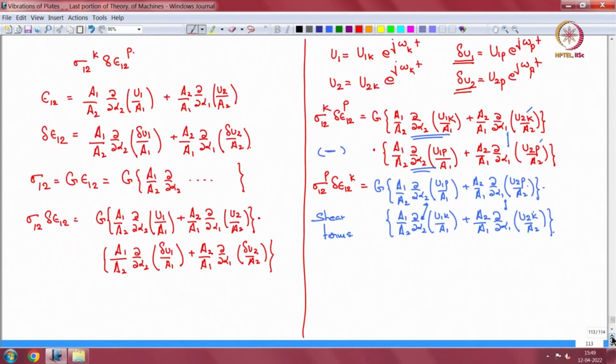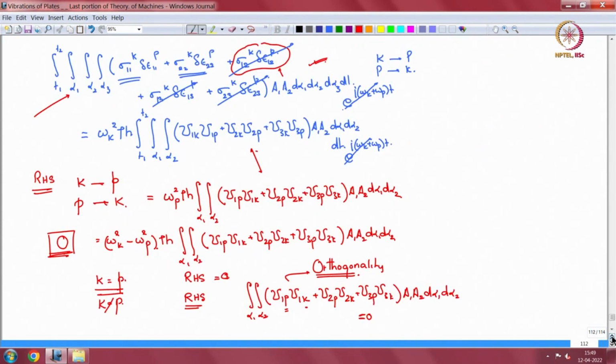So as I said before, when we subtract, with k and p interchanged, the left side will be 0 and the right side will look like this.